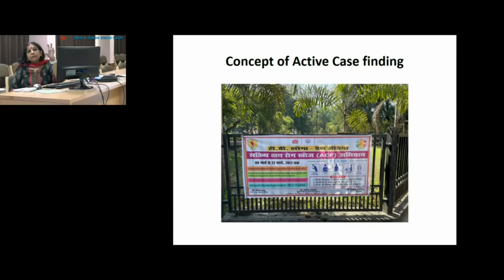They had a questionnaire, and they were going from house to house and doing a survey and finding out who probably would have active TB, and then they would bring them to our center and we would get their testing done. So instead of waiting for the patient to come to us, we were actually going looking for the patients.